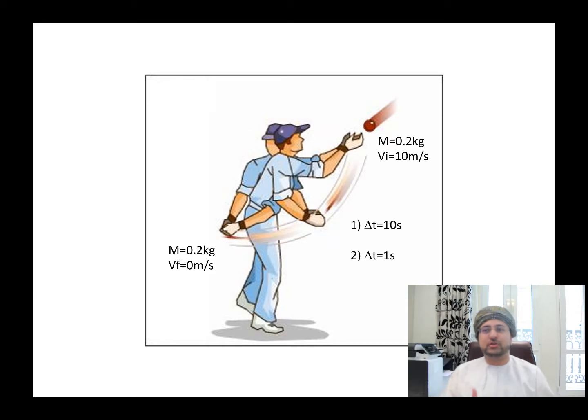Now we have two options. Option one, we can reduce this velocity from 10 to 0 in 1 second, which is what we do if we immediately catch it like this. Or we can do it gradually over a delta t of 10 seconds. What's the difference between the two approaches?